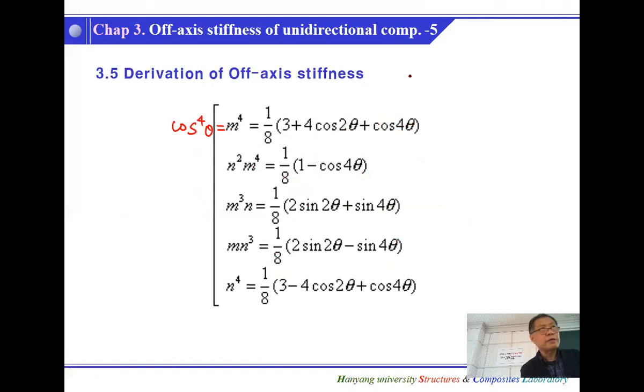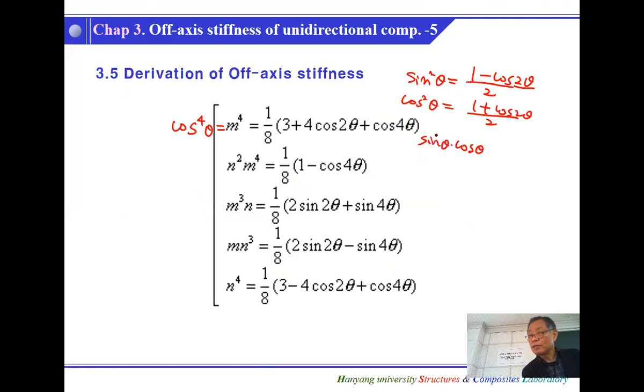Similarly, you have sine to the fourth, which is one minus cosine of twice theta, right? And cosine squared theta is one plus, right? And sine cosine is what? Sine, right? So very similar to these kinds of identities, we also have these terms.